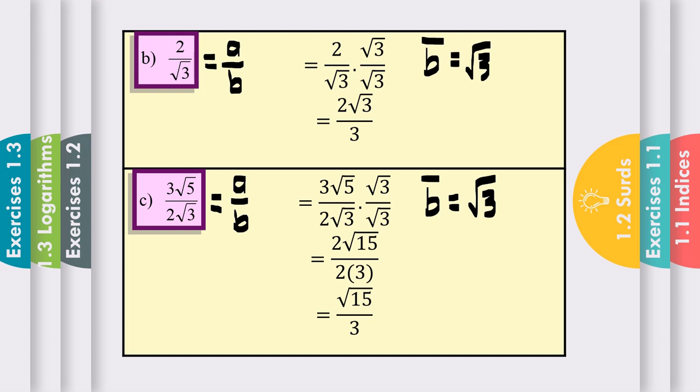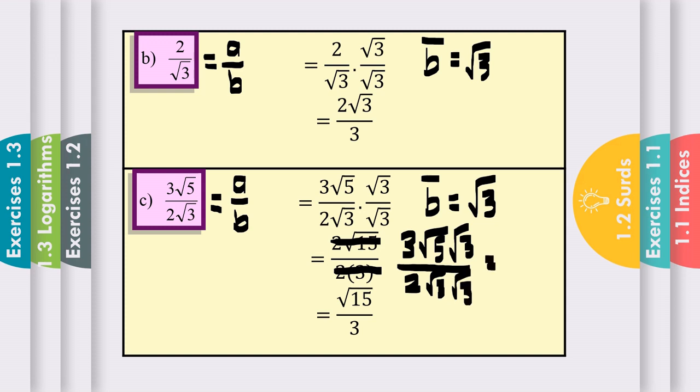And because of that, we can multiply with this conjugate, square root 3 over square root 3. And we try to expand here, so it's going to be 3 square root 5 square root 3 over 2 square root 3 square root 3.